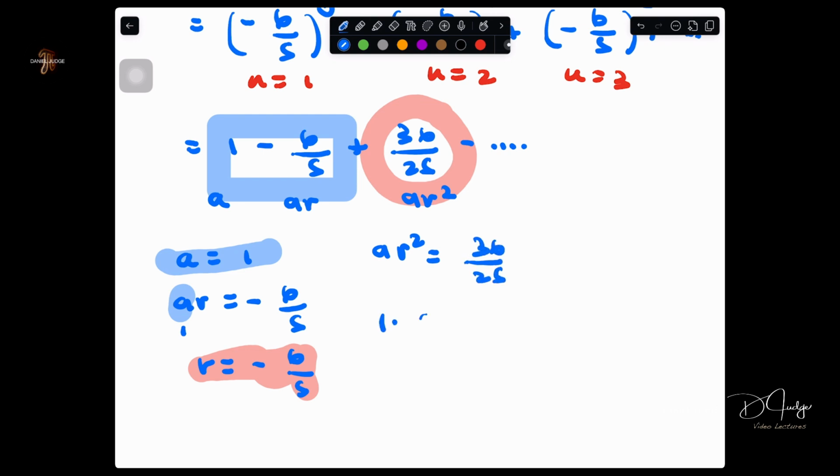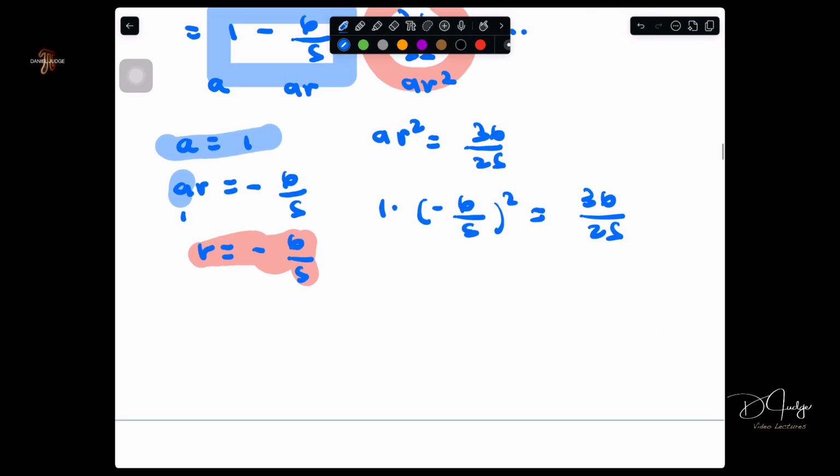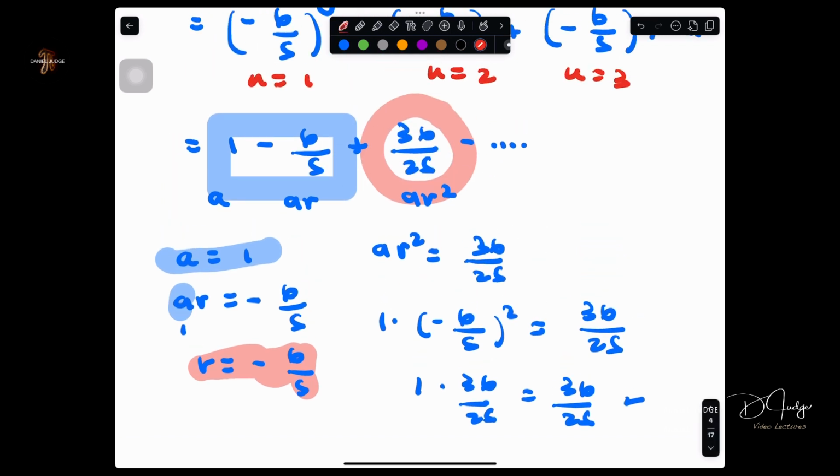That means 1 times -6/5 squared has to be that third term of 36 over 25. Doing some arithmetic, sure enough, we verify that we get 36 over 25. That means we have a geometric series. The series is geometric.